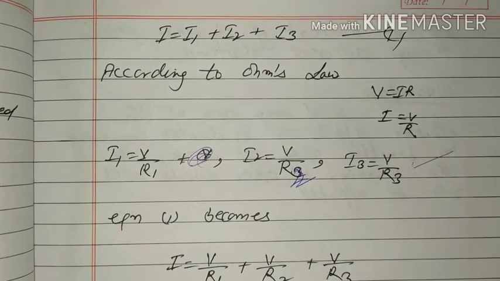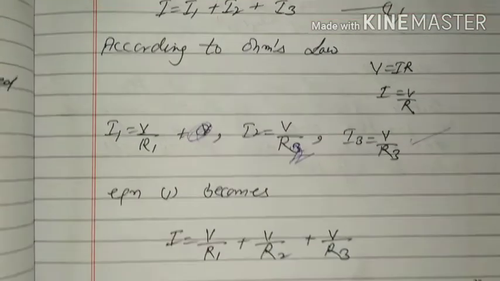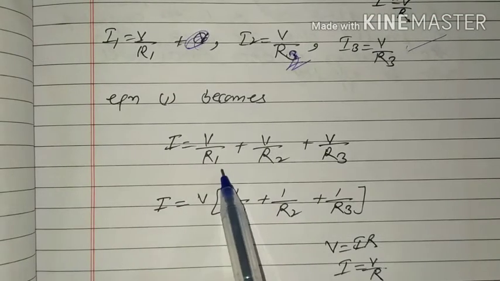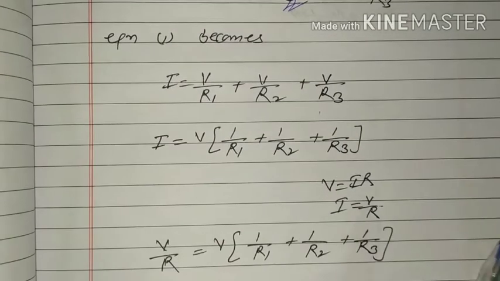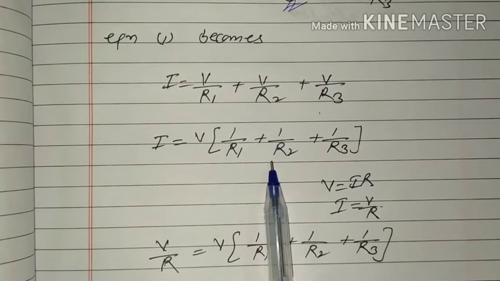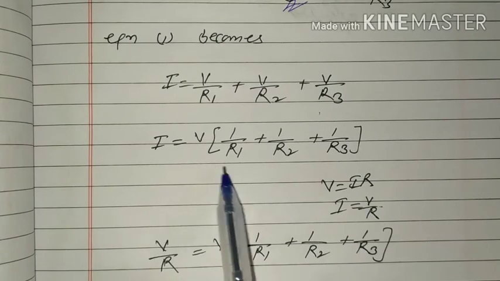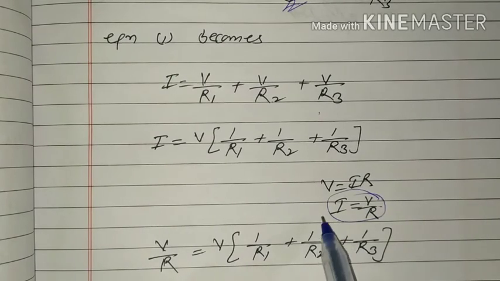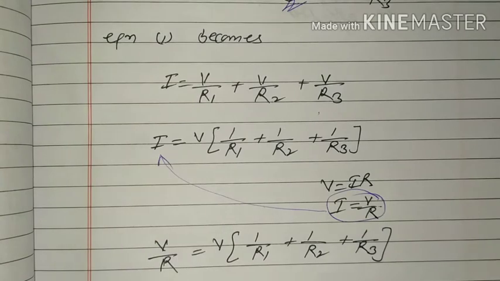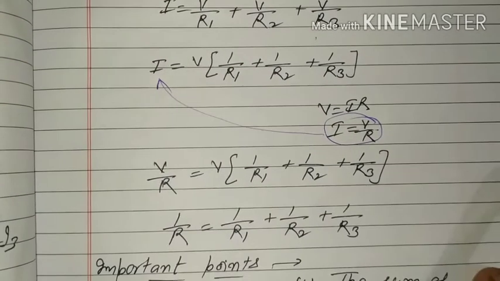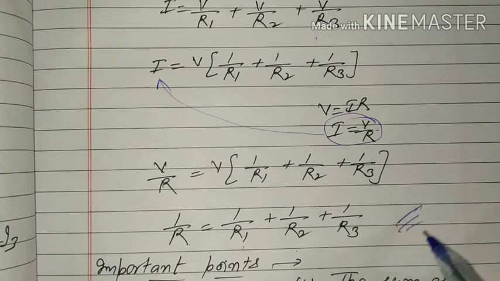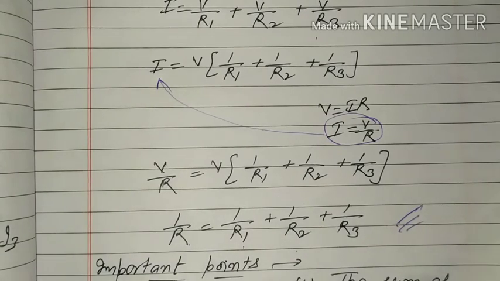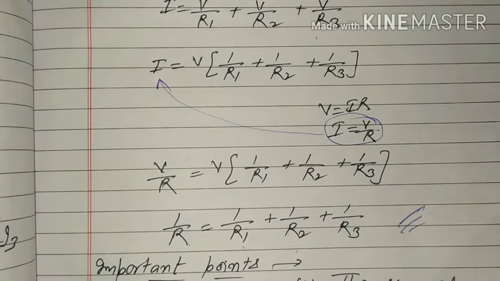Now equation 1 becomes I is equal to V by R1 plus V by R2 plus V by R3, and we can take V common: V times 1 by R1 plus 1 by R2 plus 1 by R3. Now put again I is equal to V by R. V cancels from both sides. 1 by R is equal to 1 by R1 plus 1 by R2 plus 1 by R3, means the reciprocal of the total resistance is the sum of the reciprocals of each resistance in the parallel combination.